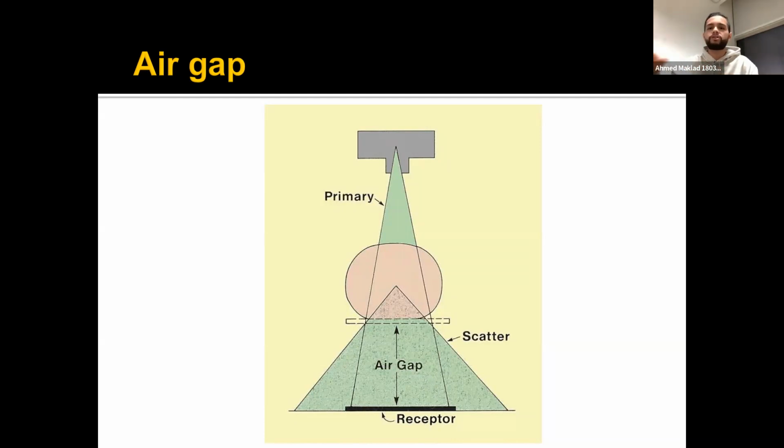So basically, what this slide tells you is that the more you decrease the air gap, the better your image quality is, because you're catching all of the X-rays. Does that make sense? Perfect.